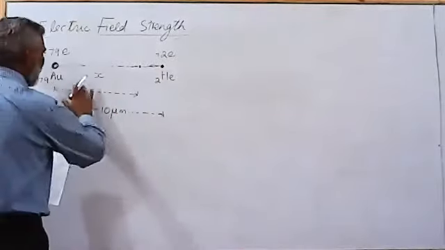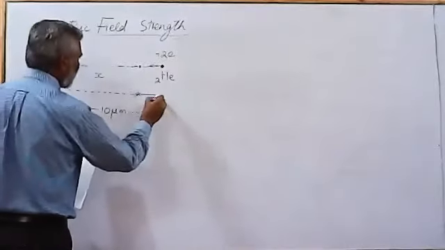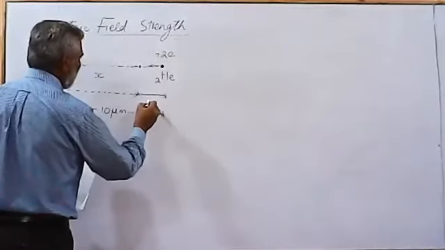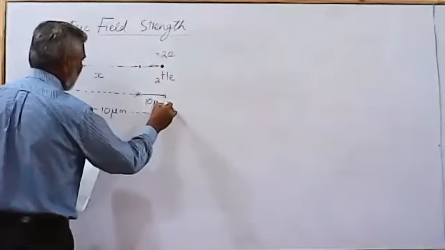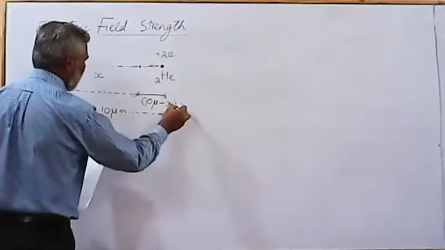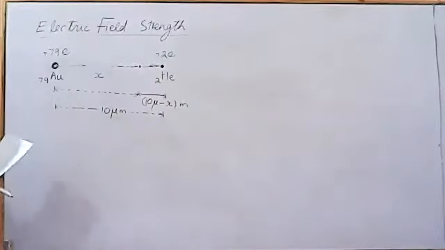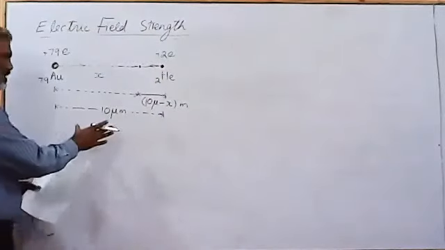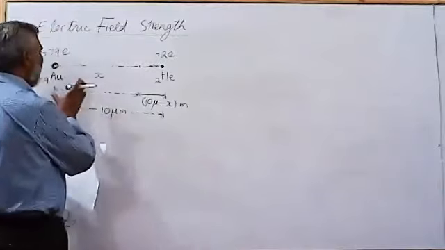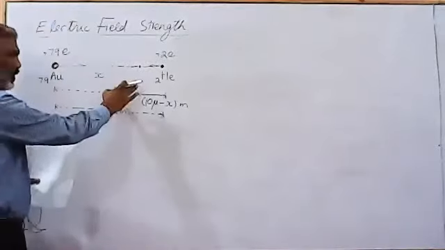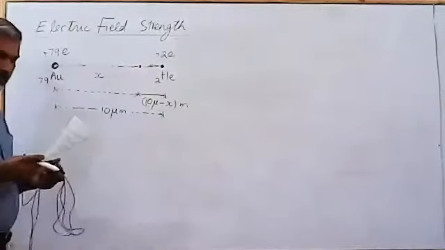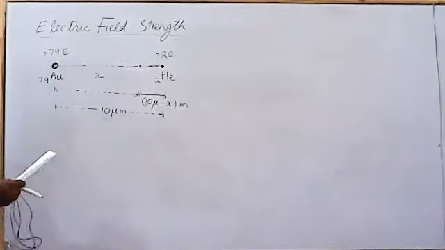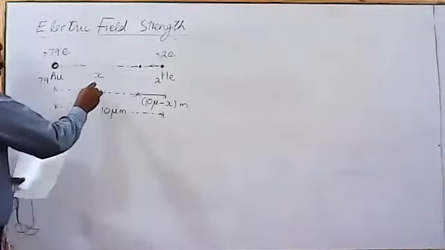So if this is x, this remaining distance is 10 micrometer minus x, expressed in meters. The total is 10 micrometer, and at a distance x from the gold nucleus, the field is 0. And the whole exercise is to calculate the value of x.